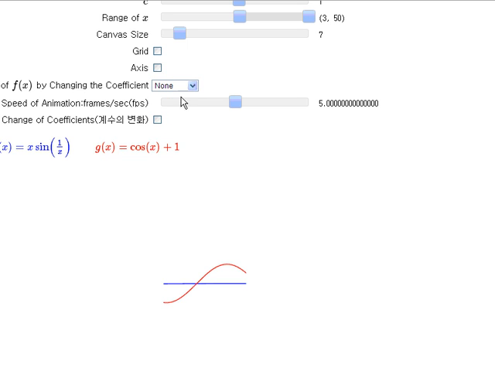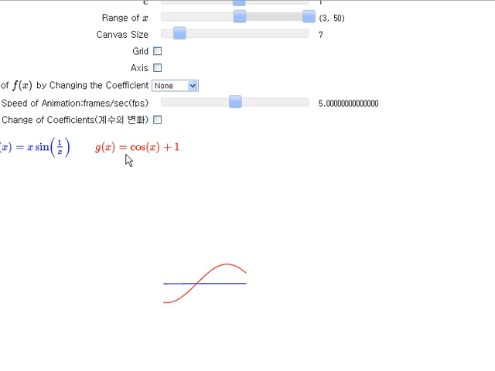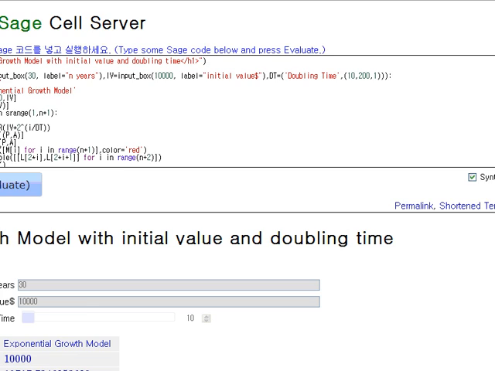I will show the animations several times, and this is the speed of the animations. Here are the functions and their graphs: blue means f(x), red means g(x).